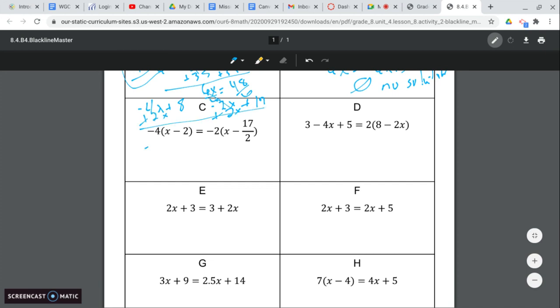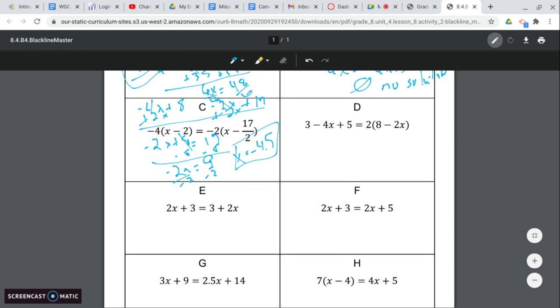We end up with negative 2x plus 8 equals 17. Subtract 8, subtract 8. Negative 2x equals 17 minus 8, which is 9. 9 divided by negative 2 is going to give us x equals negative 4.5.